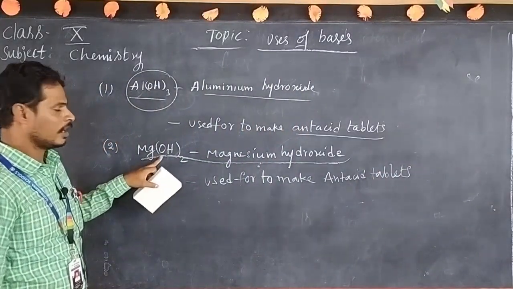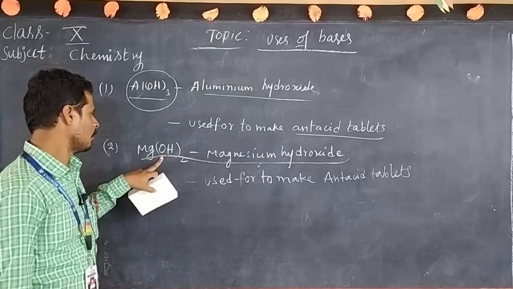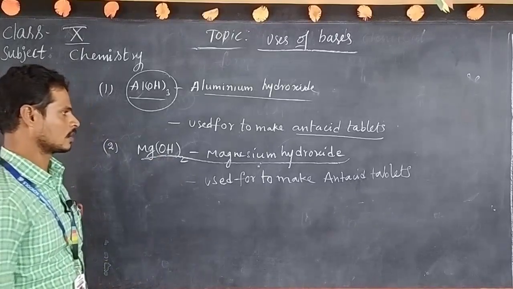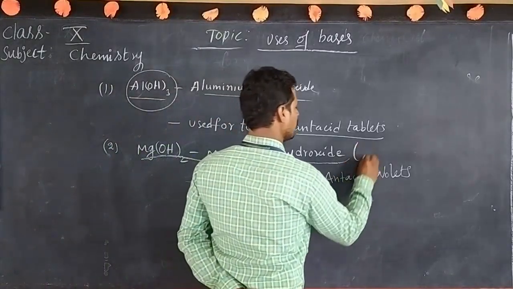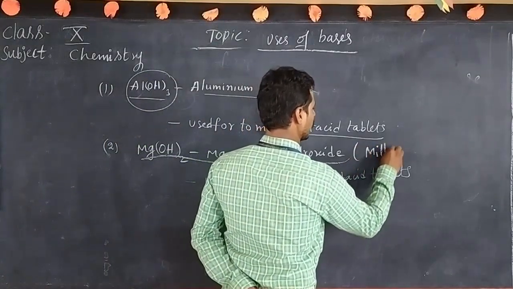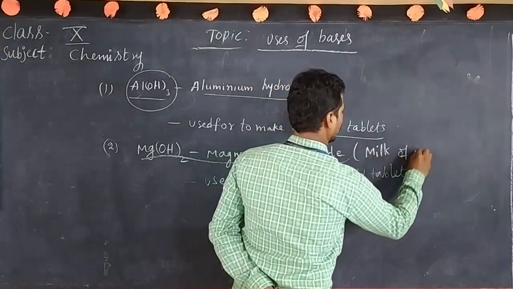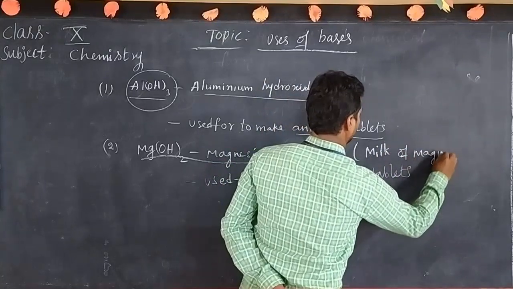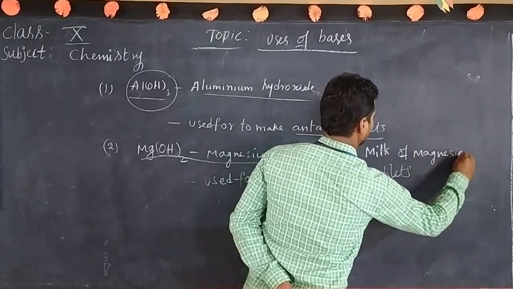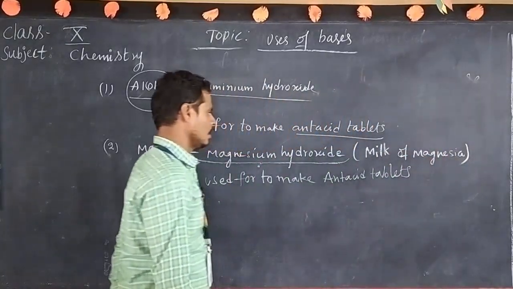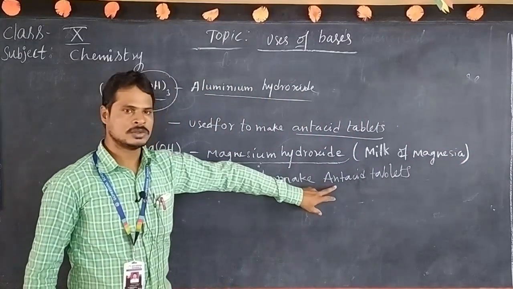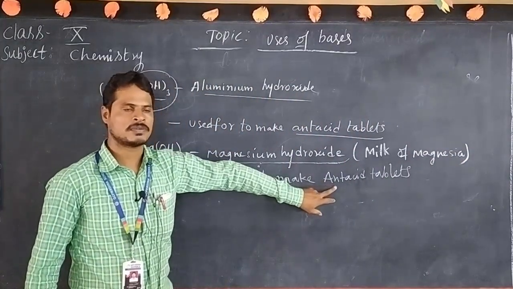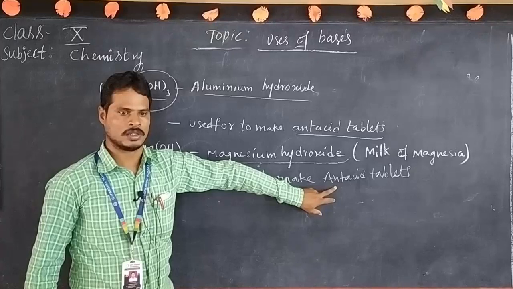This one also has another name. What is the other name of magnesium hydroxide? It is called milk of magnesia. We can also use it to reduce the acidity in our stomach.